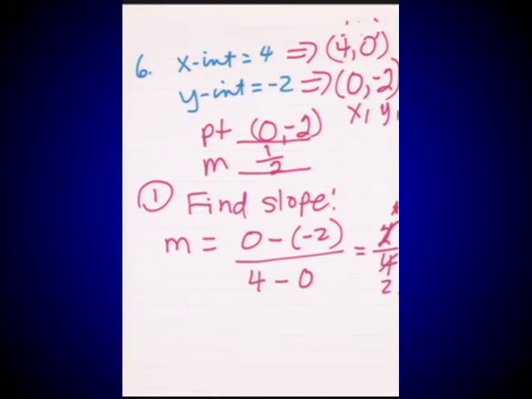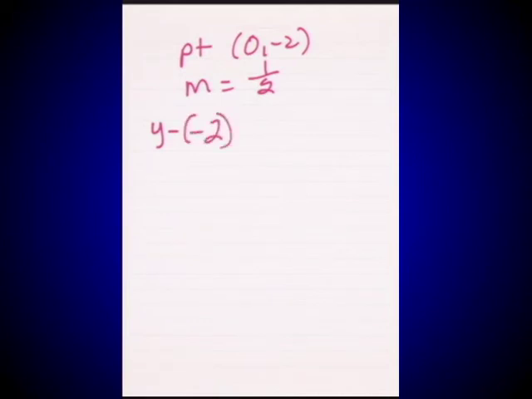Okay, let's go to the next page and copy what we have. We have a point of 0, -2, and a slope of 1/2 that we are working with from the other page, because we made it a point to get a point and a slope. Okay, using point slope form, y minus in the formula, the y of the point, equals the slope times x minus the x of the point.